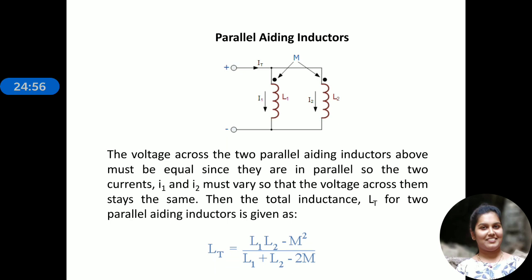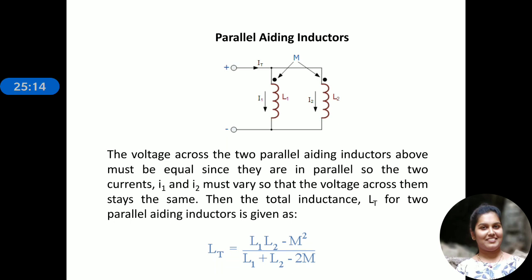Here 2M represents the influence of coil L1 on L2 and likewise coil L2 on L1. Right? So this point we have already seen even in the self-inductance topic also.